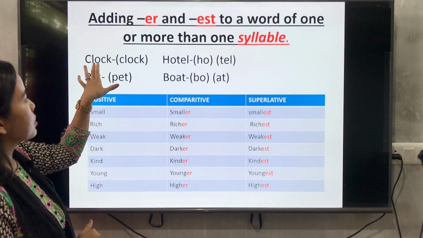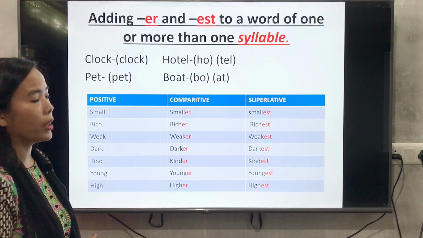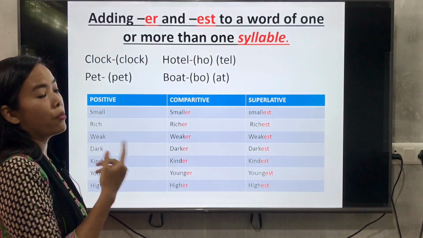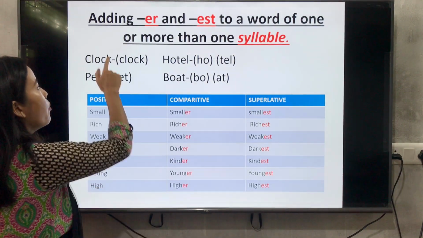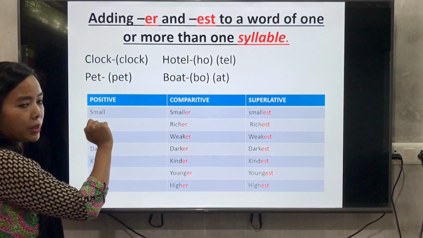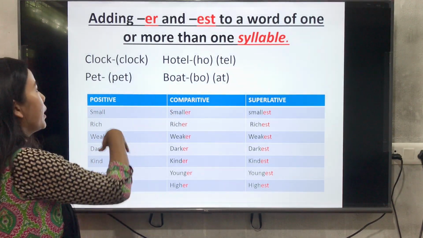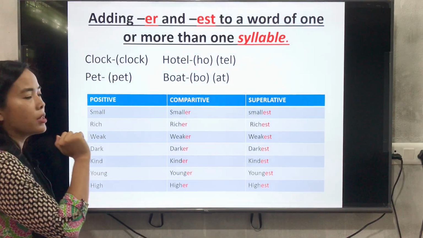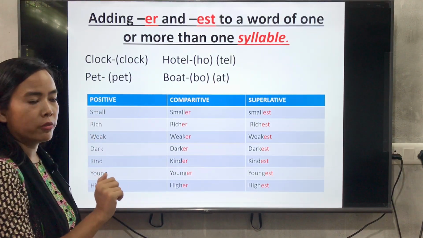What is syllable? Syllable means a word part. Suppose for example clock, C-L-O-C-K, clock. To find out whether it is a one syllable word or more than one syllable word, we need to find out how many vowels are there in the word. Vowels means A-E-I-O-U, right? So C-L-O-C-K, clock. Only one vowel is there, so this is a one syllable word.